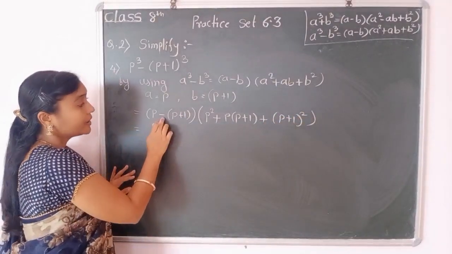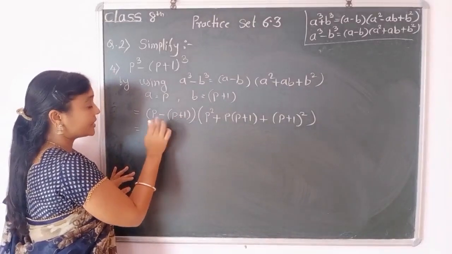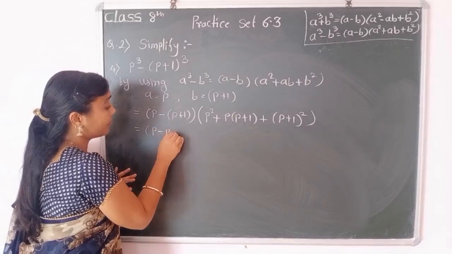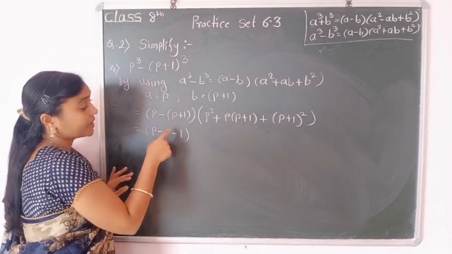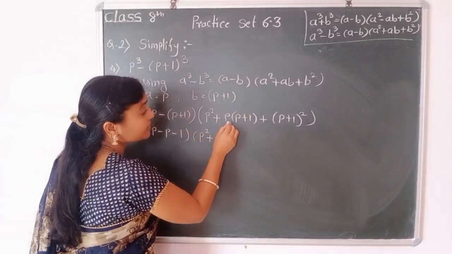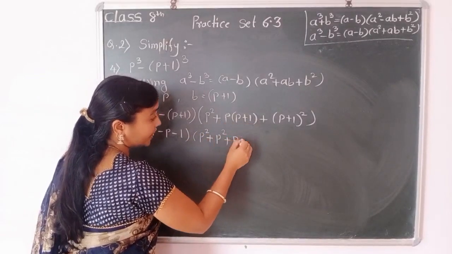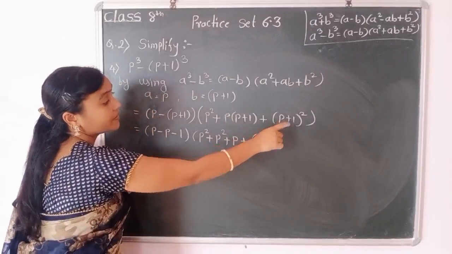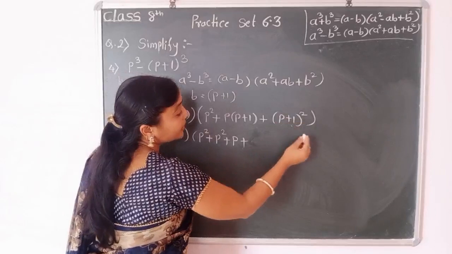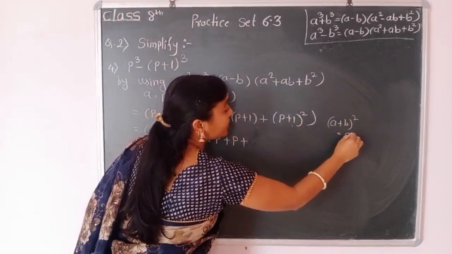Then we solve. Here is minus, so when we solve the bracket, we change the sign in the bracket. P minus p minus 1. Then p square plus p into p plus p into 1 plus this bracket we solve. (a plus b) bracket square, what is the formula of this?